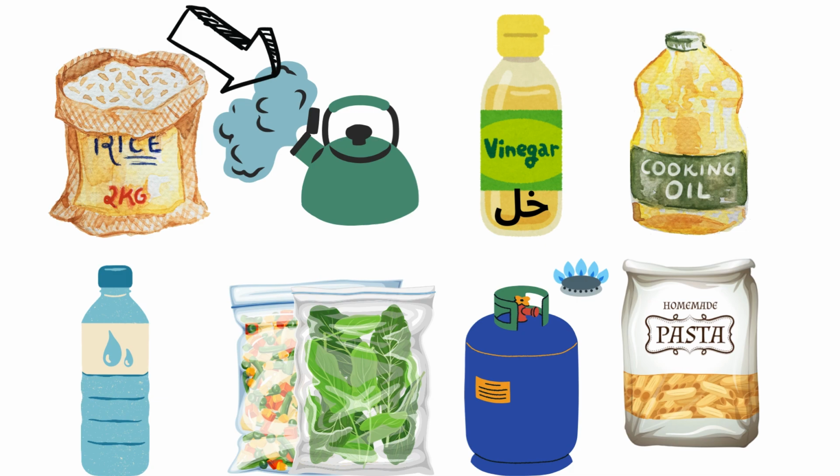We have rice, we have steam or water vapor, we have vinegar, we have oil, water, frozen vegetables, and we have natural gas, and we have pasta, and we want to sort them as to which one is solid and which one is liquid and which one is gas, and we will put S for solid, L for liquid, and G for gas. So you do it.